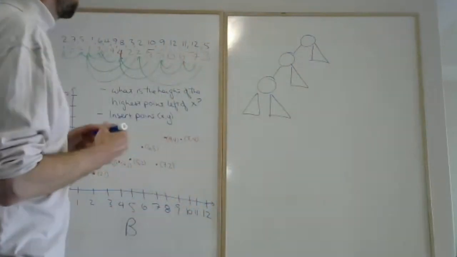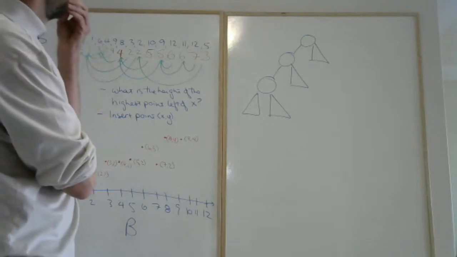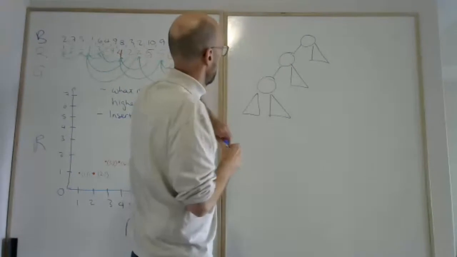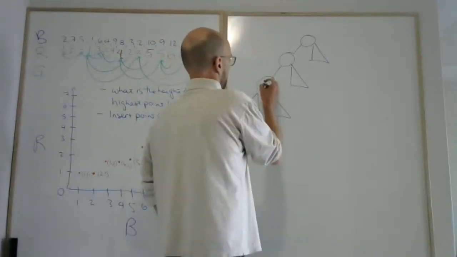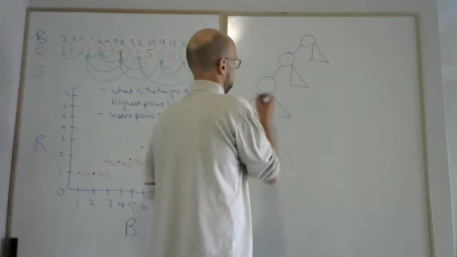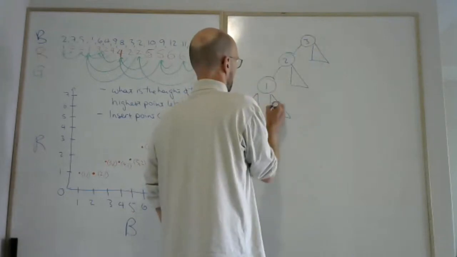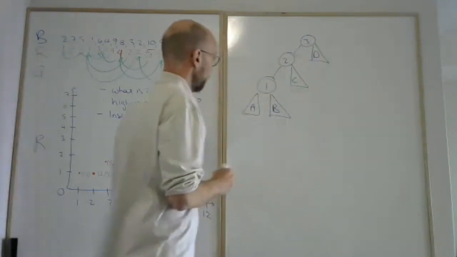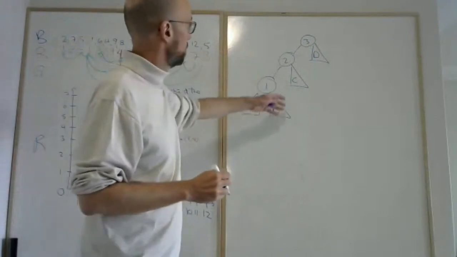So, let's suppose we have this case where we have nodes 1, 2, 3, trees A, B, C, D, and this is too deep, right?